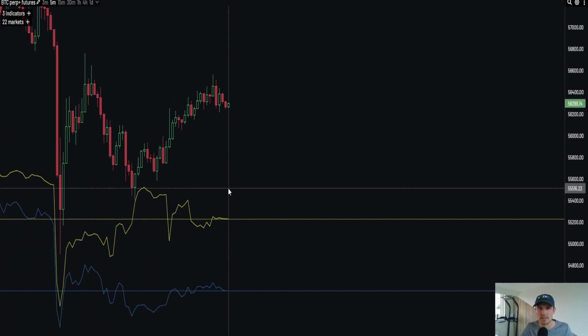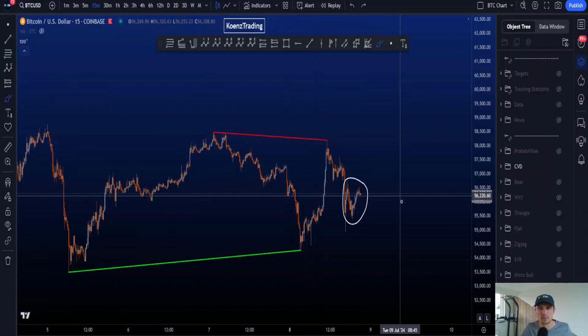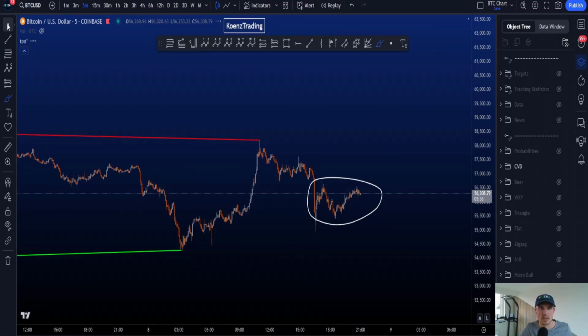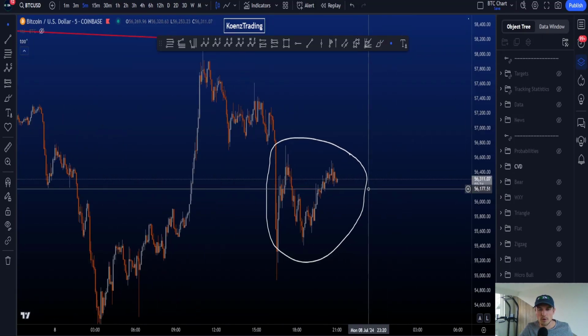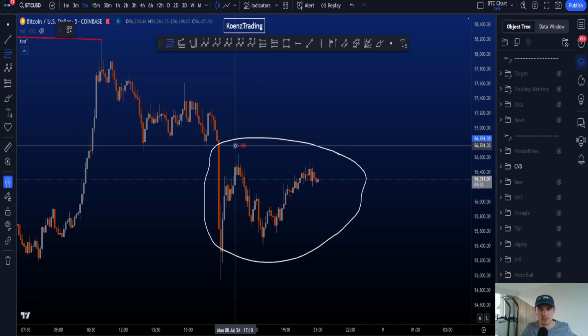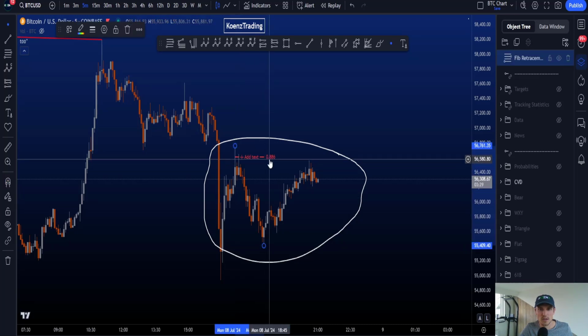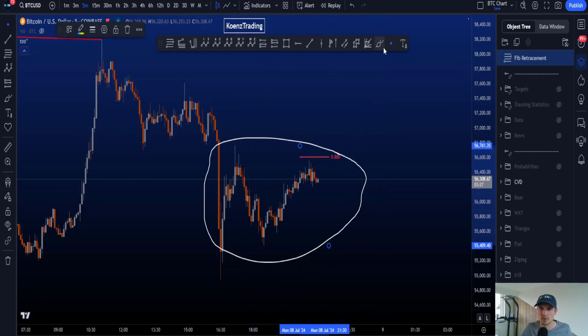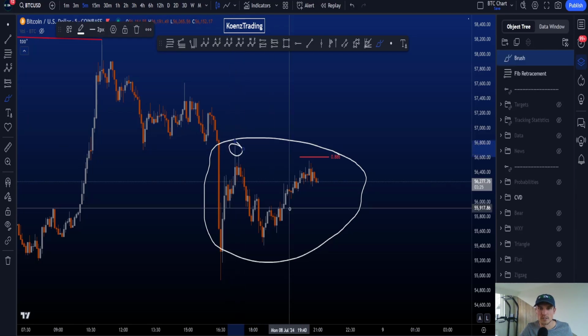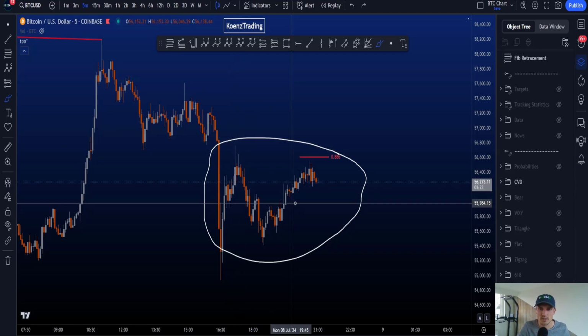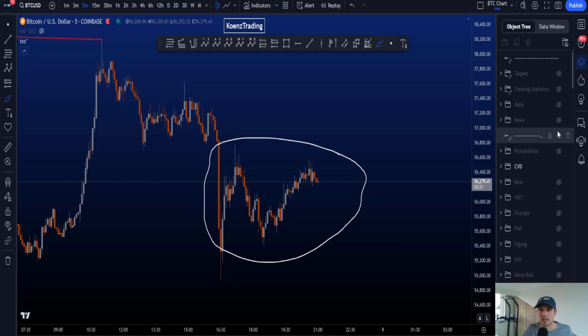So yellow is not very clear with regards to the CVDs, but on blue, we do have some bullish CVD divergences locally. Now the moment price here also touches the 886 taken from the high to the low, which we haven't yet done, the probabilities will increase for price to take out the high over here on the chart.